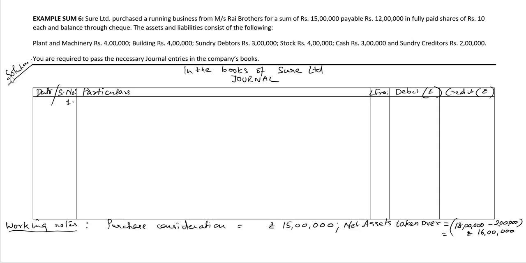The purchase consideration is less than the net assets taken over, so the amount to be credited to capital reserve account is equal to net assets taken over 16 lakh rupees minus purchase consideration rupees 15 lakh equals rupees 1 lakh.